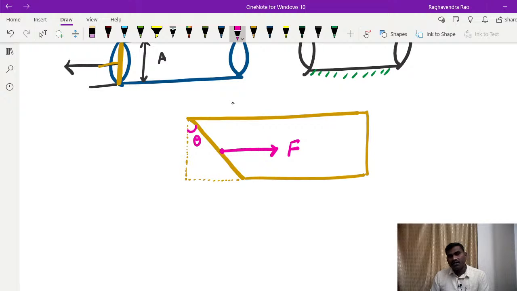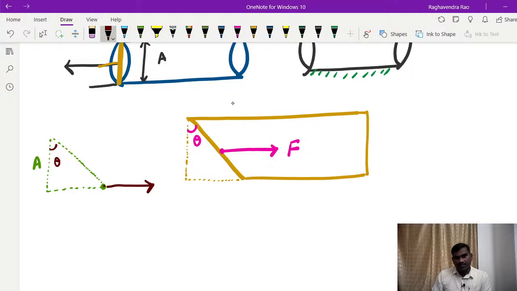Now this can be resolved into components. I will draw the diagram on the side. Like this, this is the area of cross section. This is theta. Now we are applying force like this.